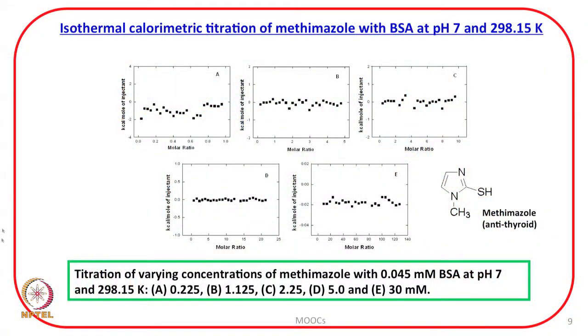If delta H naught is 0, that means delta S naught should be sufficiently positive to make delta G naught negative. This can also rarely happen. Nevertheless, let us take a look at this figure. This suggests that methimazole does not bind to serum albumin, whatever concentration of methimazole we take.